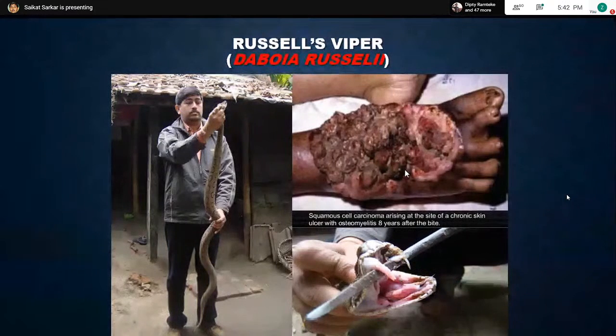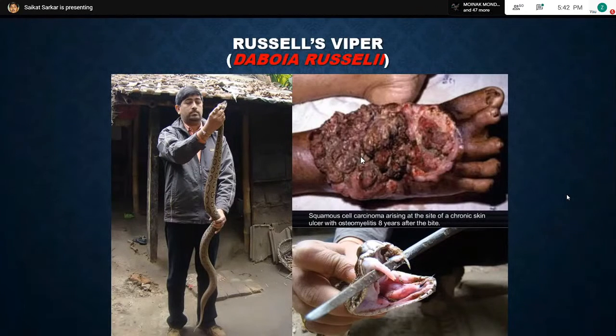Now, this specimen is not actually a bite from Daboia russelii, truly speaking, but from a kind found in Vietnam and Myanmar. The specimen is Calloselasma rhodostoma. So it is the aftermath of the bite. After 8 years of getting bitten, the area developed cancer. Viper venom is so disfiguring and so disturbing, physiologically speaking, for the homeostasis of your body.